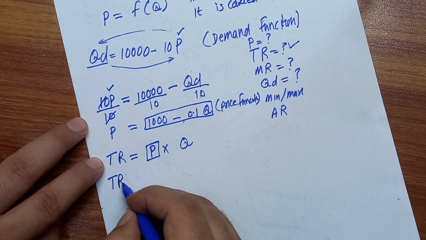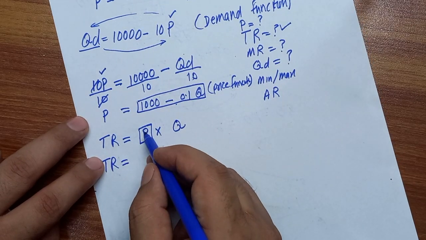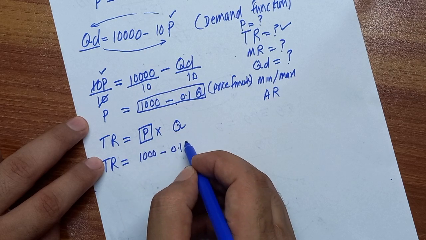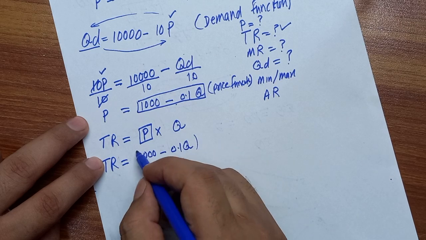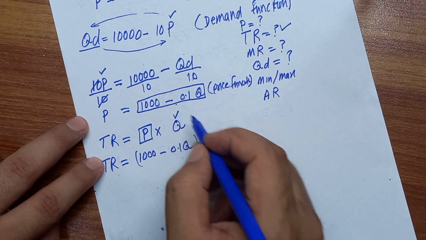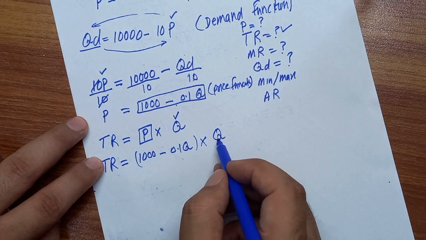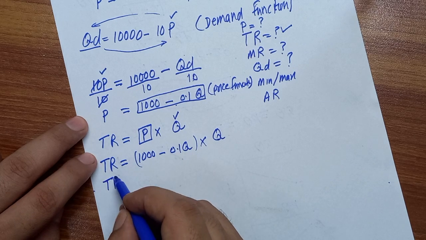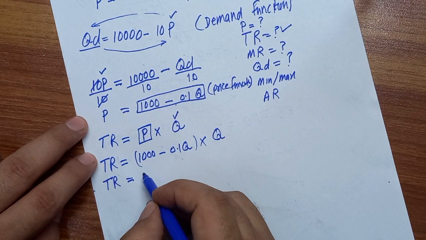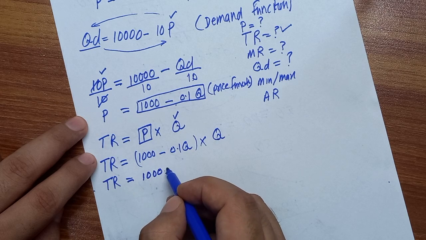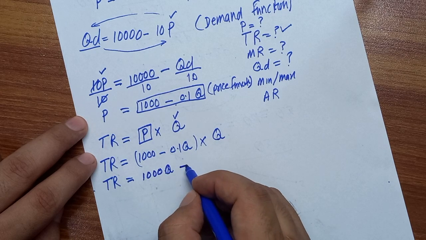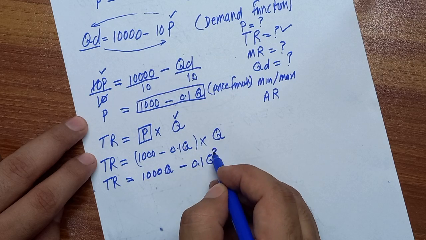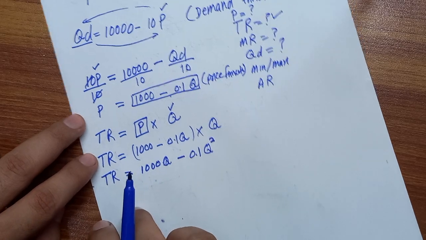So total revenue is equal to 1000 minus 0.1 Q multiply with this Q. So this Q will multiply with this, and this Q will multiply with this. So we will get total revenue is equal to 1000 Q, and minus 0.1 Q with Q, it will be Q square. So this is total revenue.